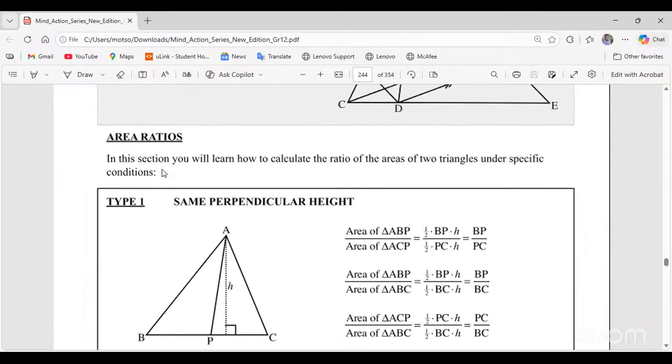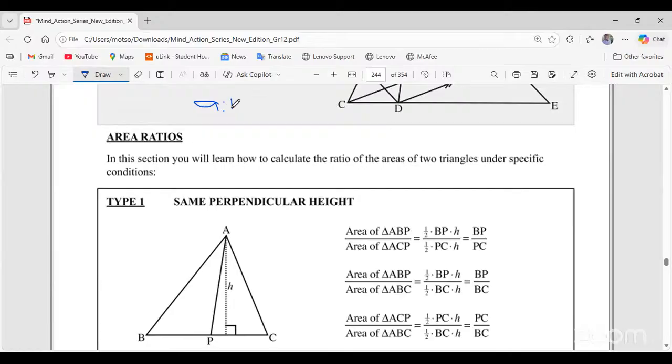ratios. Remember, I said a ratio can be represented in fraction form. For example, let's say I'm giving you a ratio A is to B. You can write this ratio with A as the numerator.